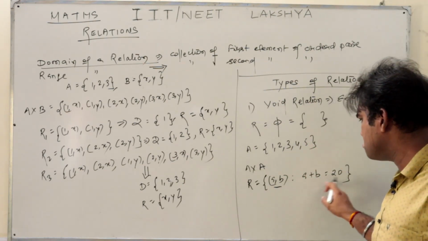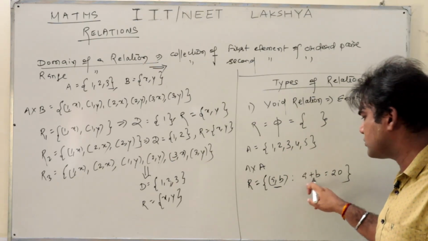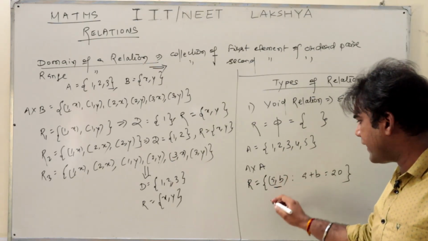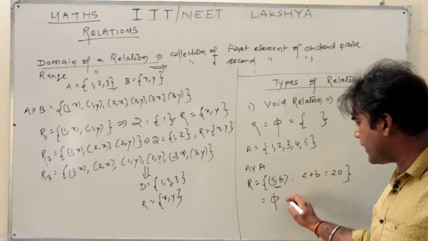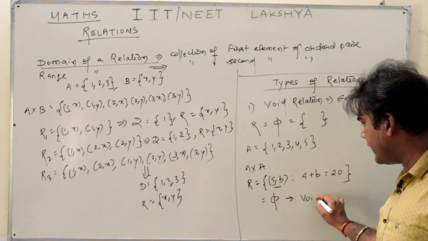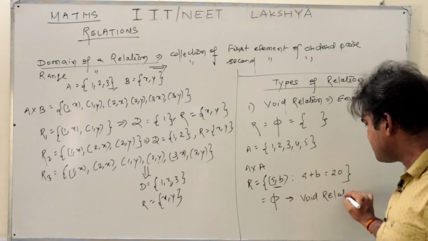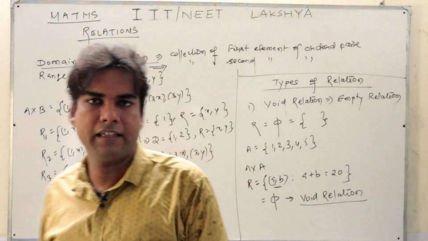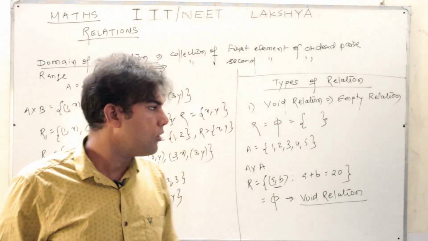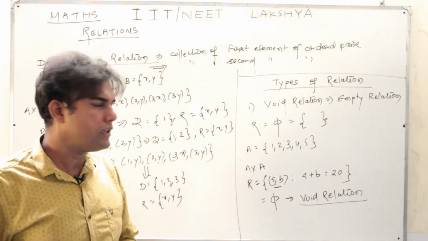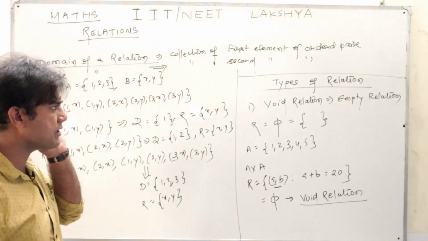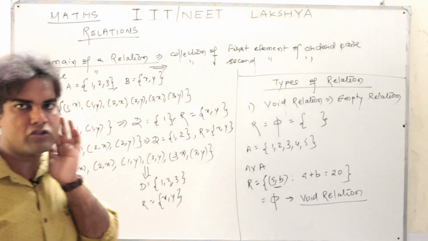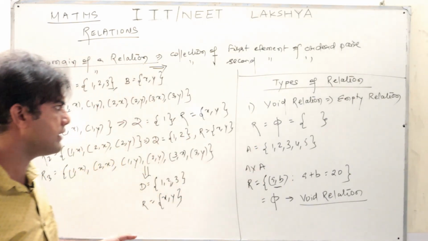There is no ordered pair whose sum will be 20. So I can say that this is nothing but phi, which is your void relation. I hope the meaning of void relation is clear to you. That is nothing but your phi. So that is type 1 of relation, the void relation, also known as the empty relation, or you can also call it the null relation, null set.